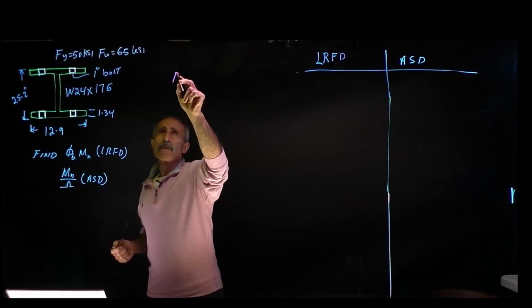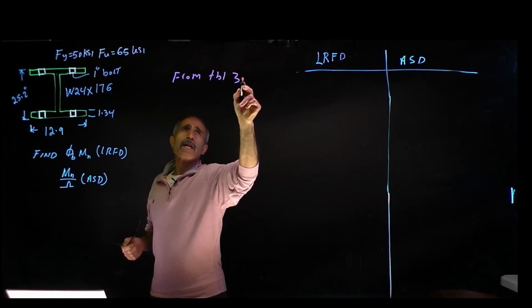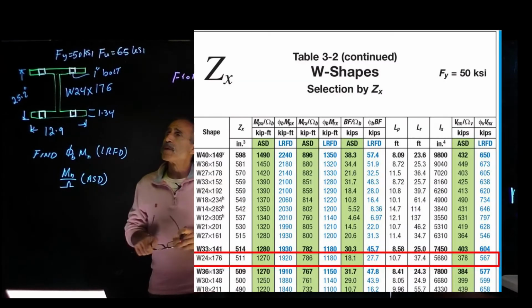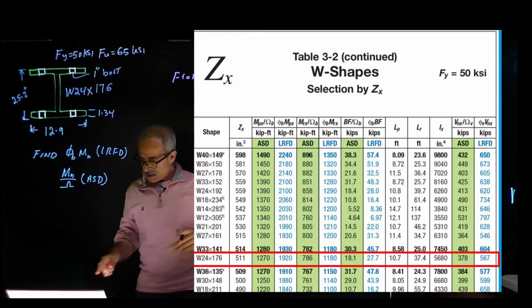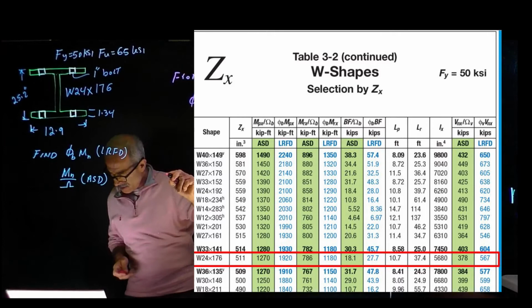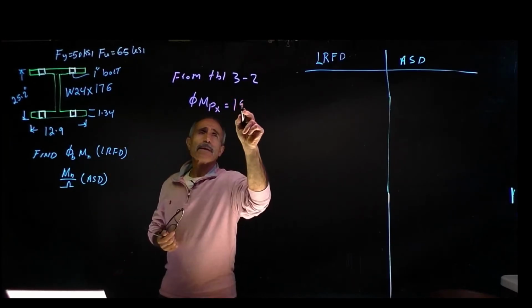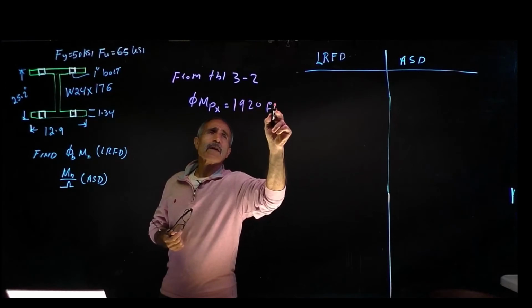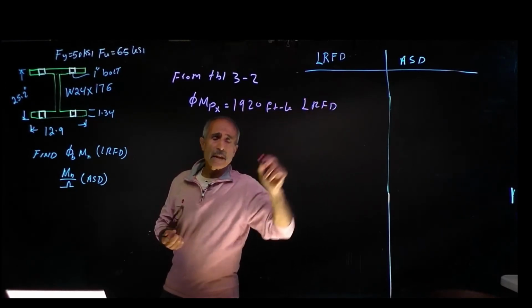From Table 3-2, we get all the information for the W24x176, which is basically phi times Mpx, which comes out to 1920 foot-kip, and that's for LRFD.